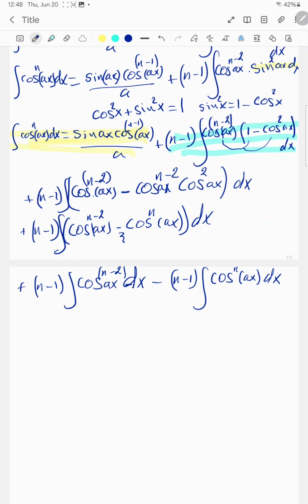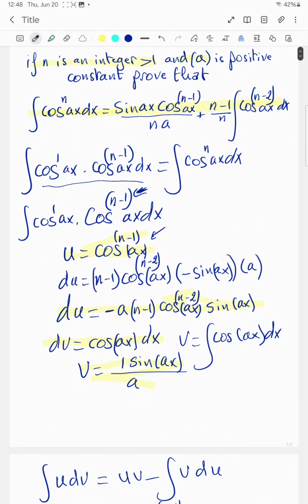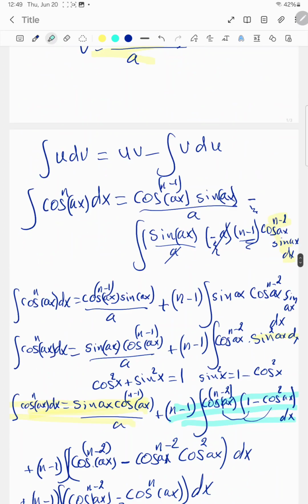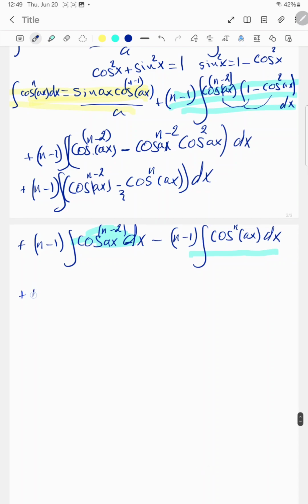So if I look at what I am proving, in my proof here I do have the integral of cosine to the power n minus 2 ax dx, and I have the integral of cosine n minus 2 of ax dx. So this I will not touch, and I will work on that side of my integral. So if I take, let's write it first, n minus 1 integral of cosine n minus 2 ax dx.